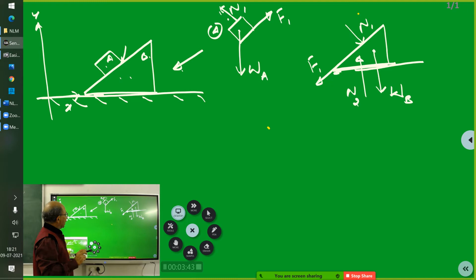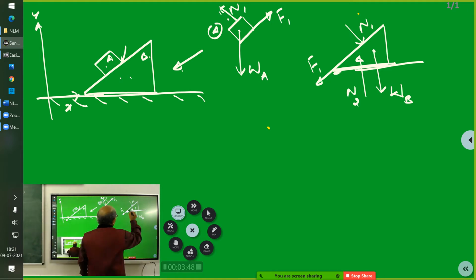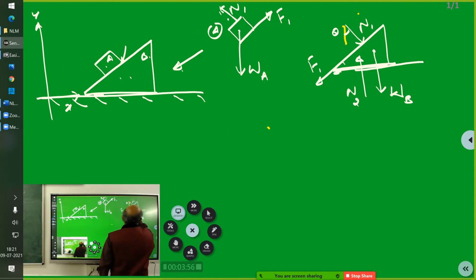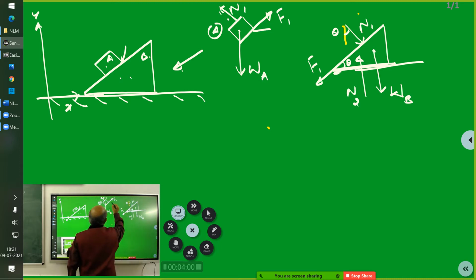Now coming to the analysis. Here you see that this angle is theta. Similarly, this angle is theta. So you identify those angles. This is also theta.